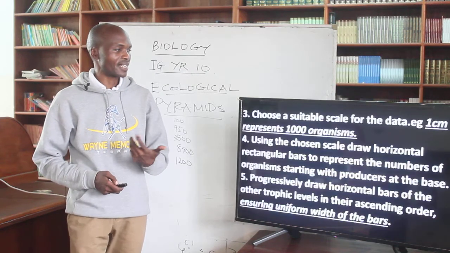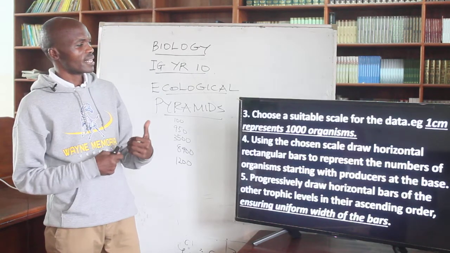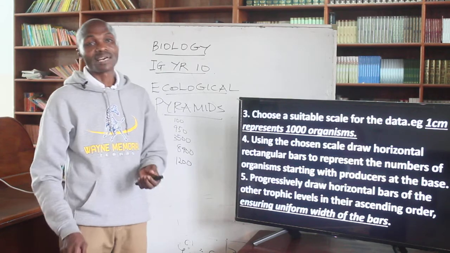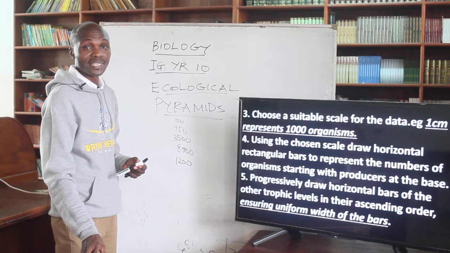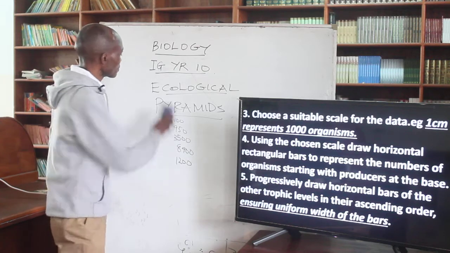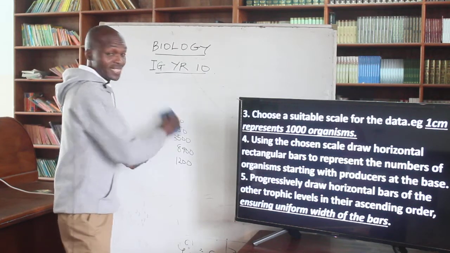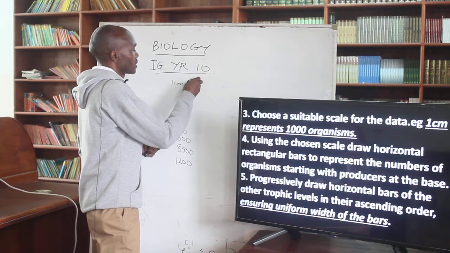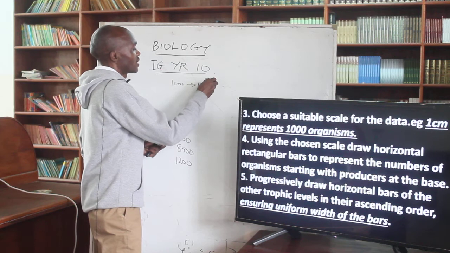Now step number 3, you need to choose a suitable scale for the data. You may decide, for example, 1 centimeter to represent 1,000 organisms.